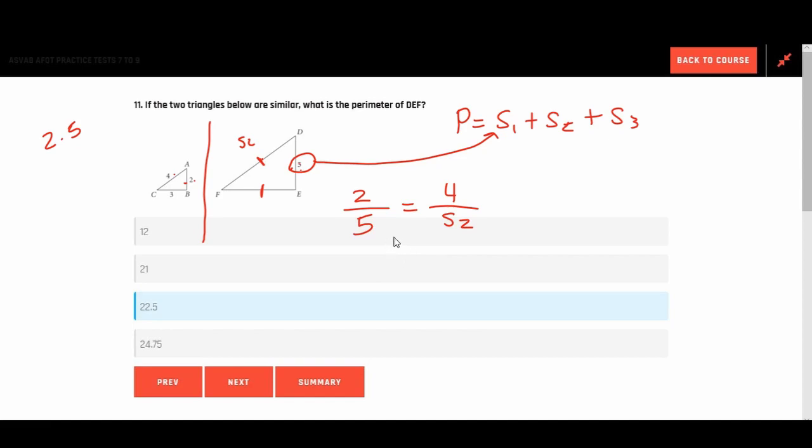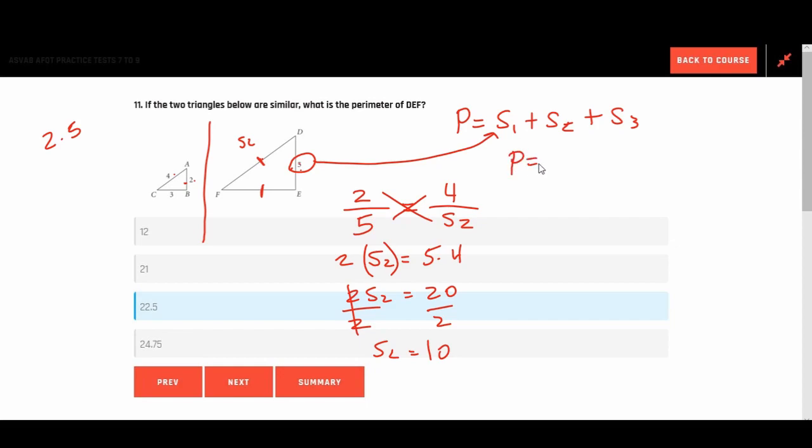Now we just cross multiply to solve for side 2. 2 times side 2 is equal to 5 times 4. 2 times side 2 is equal to 20. Divide both sides by 2 to get side 2 by itself. Side 2 equals 20 divided by 2, which is 10.